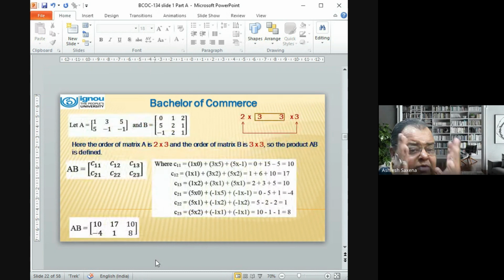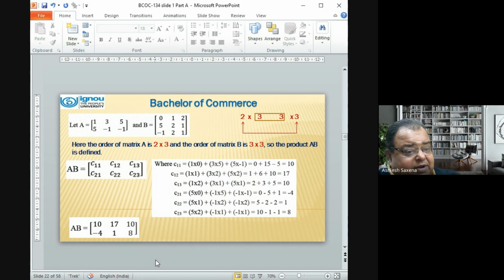Now see to it very carefully. This is one of the most tedious jobs in matrices; if you are able to understand it, matrices and determinants will be easier for you.